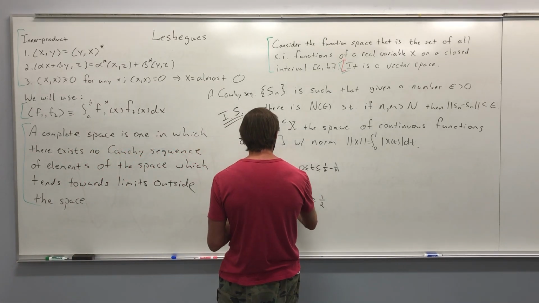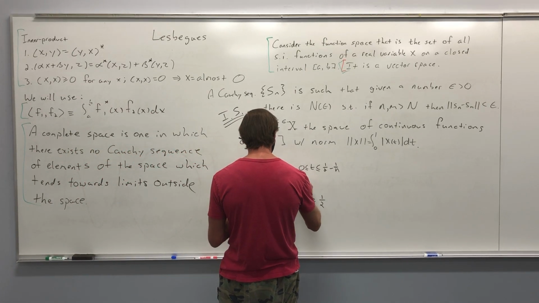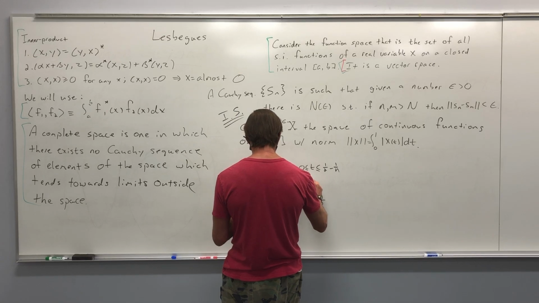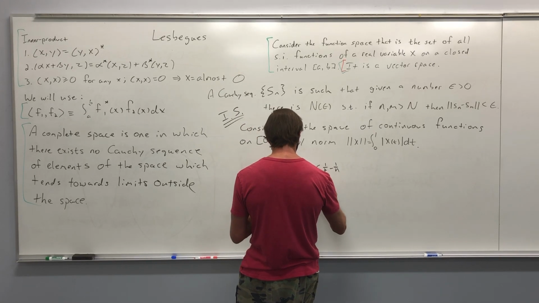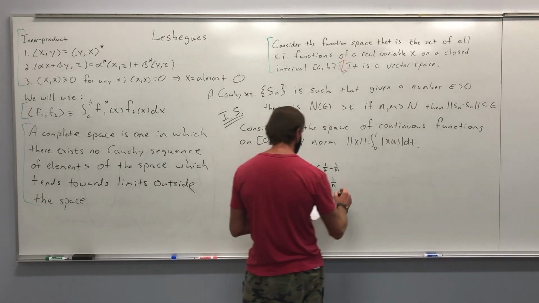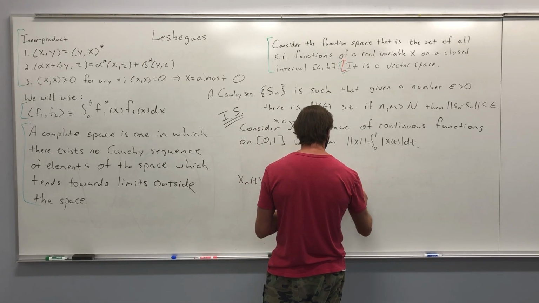And then it's equal to nt minus n/2 plus 1 for t between 1/2 minus 1/n and 1/2.